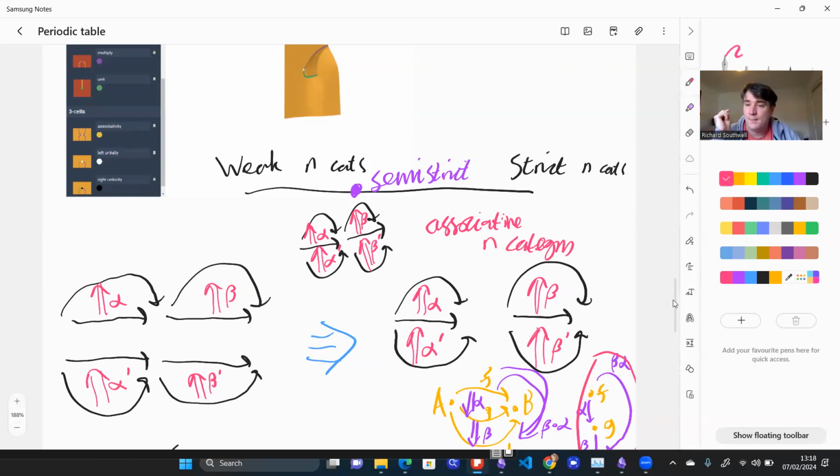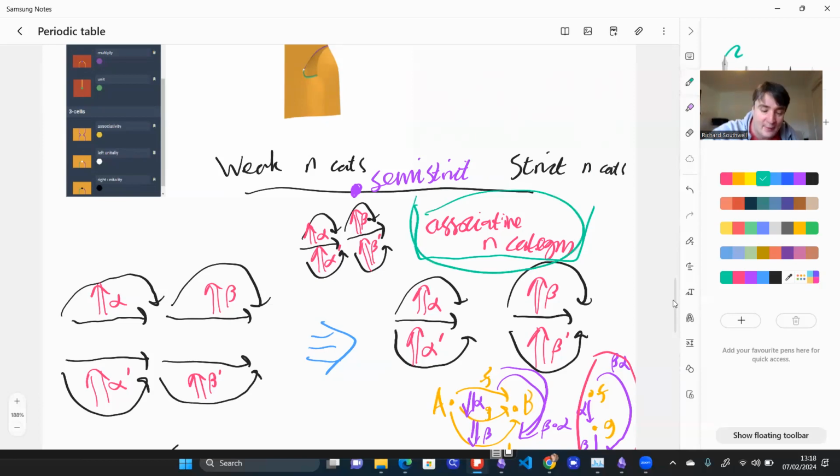So this is not a strict n category, but it's also not as weak as a weak n category. The idea here is that we do have some of these equations relaxed to become higher dimensional isomorphisms, but only those which are based on things like interchange laws.